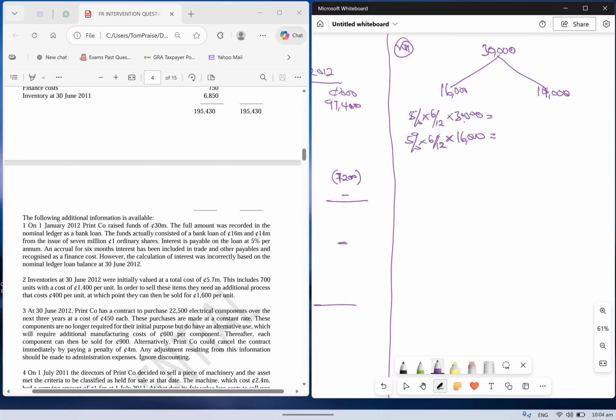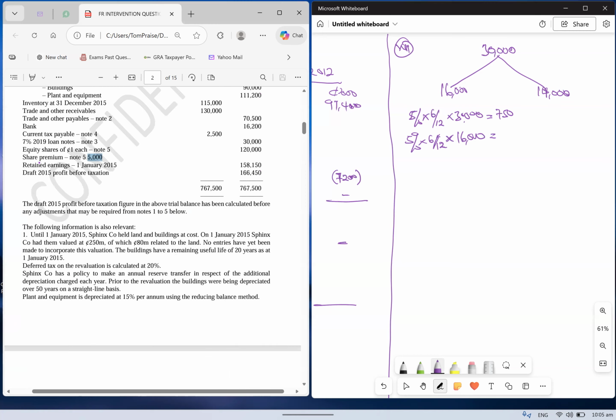0.75 million. Oh, give it in real figures. So that's 750, eh? Because we have 0 zeros at the top. Yeah, but the correct one should be how much? What is it? 400.